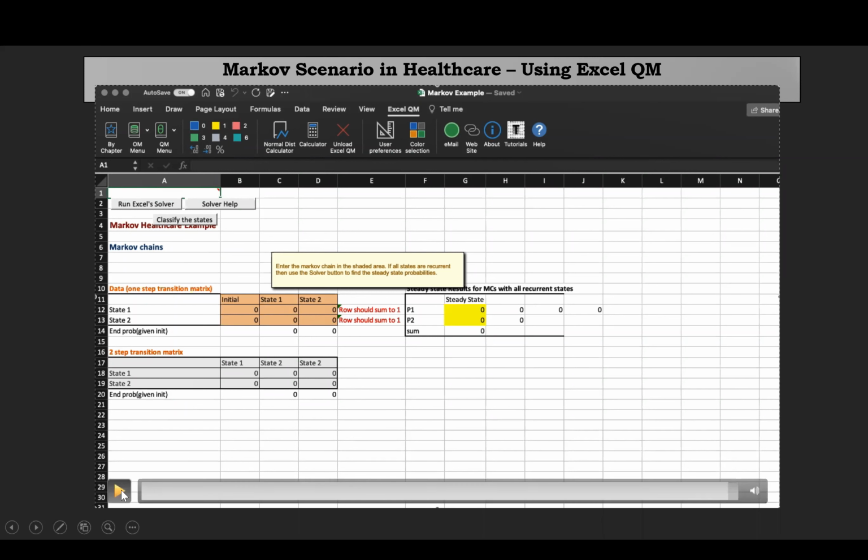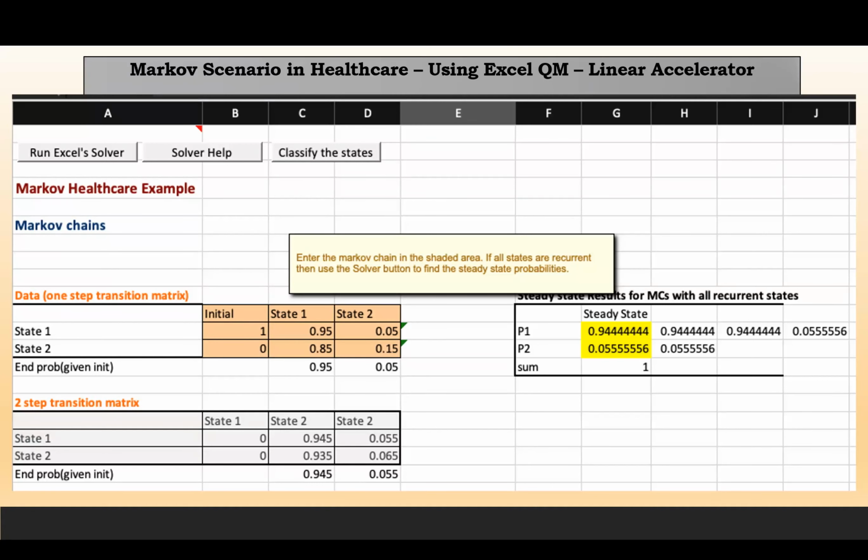So this shows all that information entered. You can see that we entered the 0.95 and the 0.05, the 0.85 and the 0.15. And where it says end probability, you'll see the 0.95 and the 0.05. We can cross-reference that to our manual calculation and know that in 1 month, it's a 95% chance it'll be working, 5% chance it won't. Then down where it says 2-step transition matrix, that's saying 2 months from now.